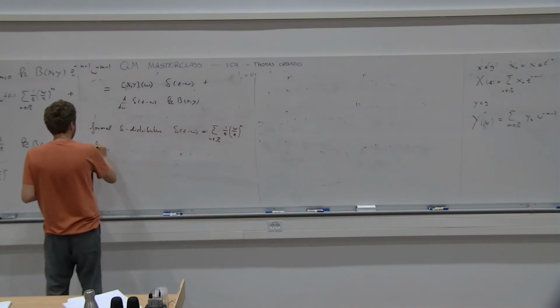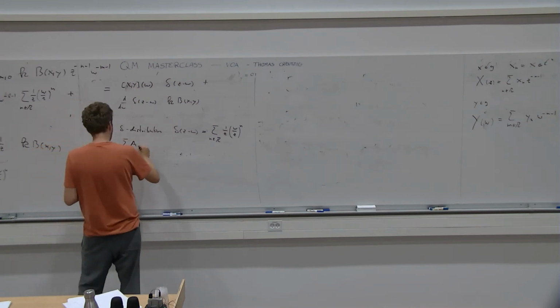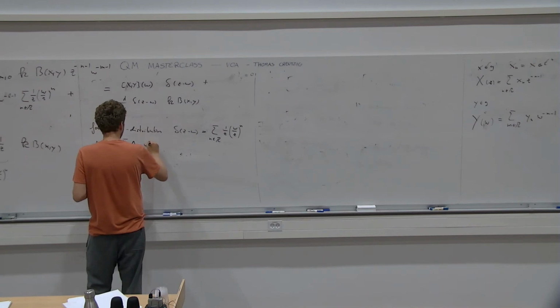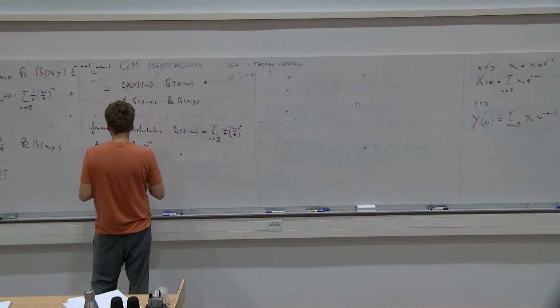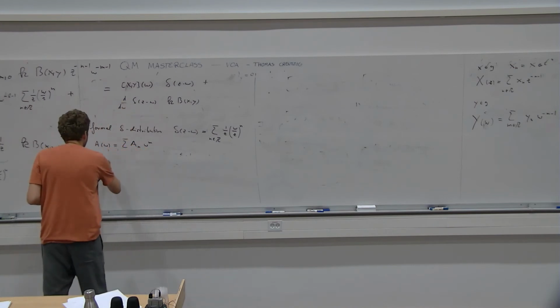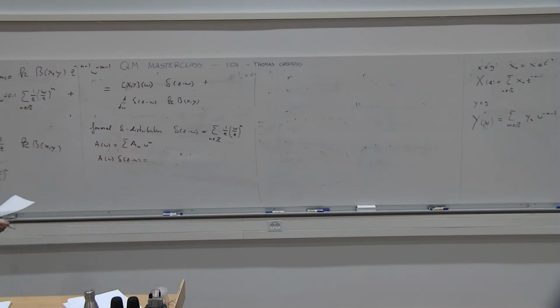Okay, so let's take a power series in the variable w. So then what happens if we take the product of this power series with the delta distribution.